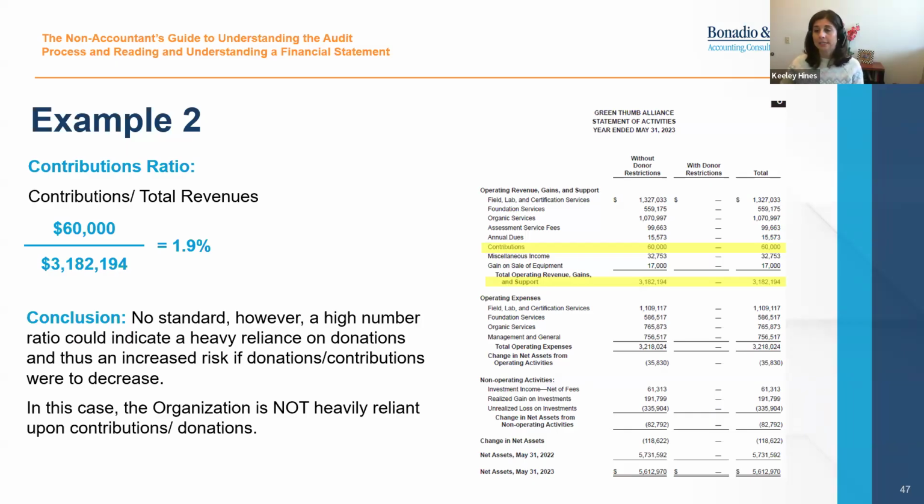So really, this is kind of just pointing out how much of your revenues are coming in through contributions. Do you have a heavy reliance on it? And not that that is a problem, but would you need to be able to pivot quickly if those resources and contributions were to decrease?